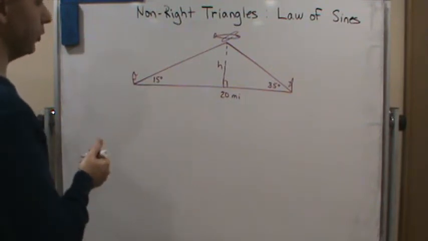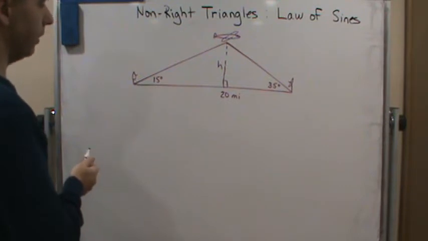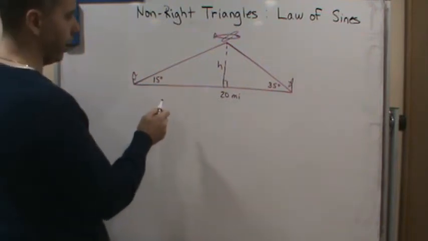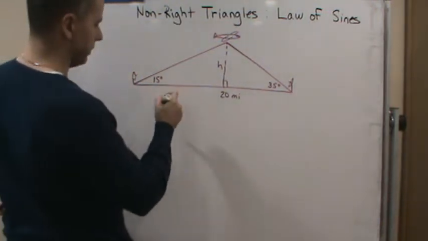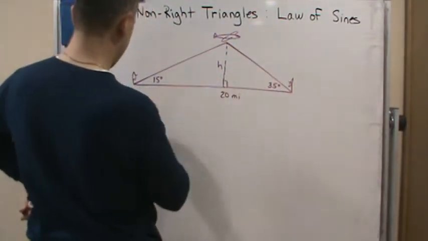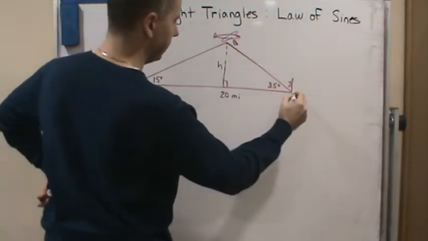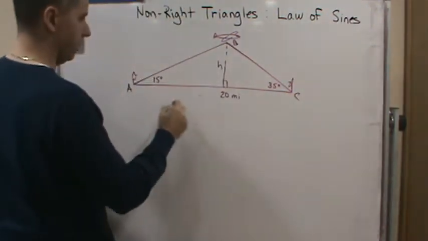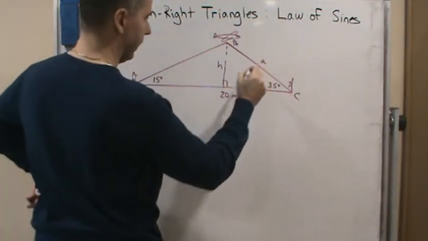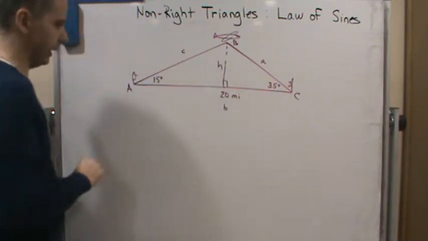There's lots of different things we can do. Let's do this: let's make this A, B, C, which would make this A, B, C.